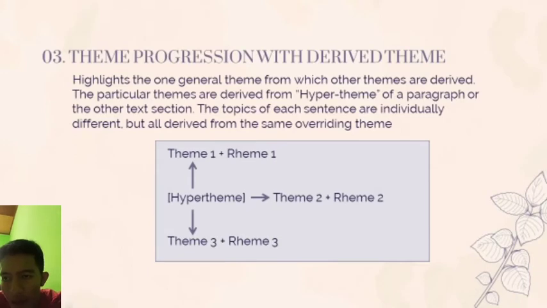Well, the hypertheme can be defined as a clause or a combination of clauses that predicts the main pattern of the clauses that conduct the method of the text. That's the explanation, and now we come to the example.